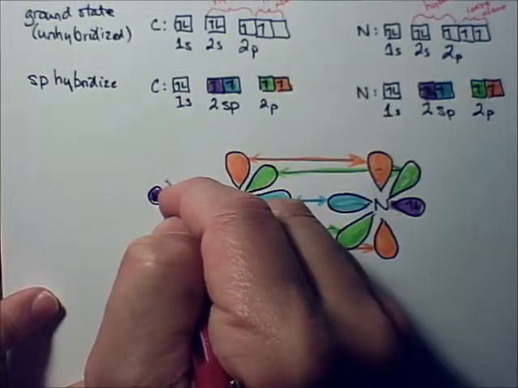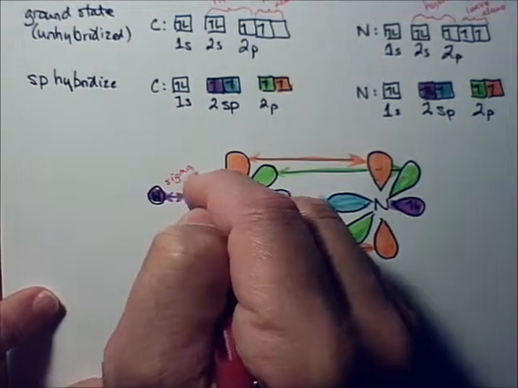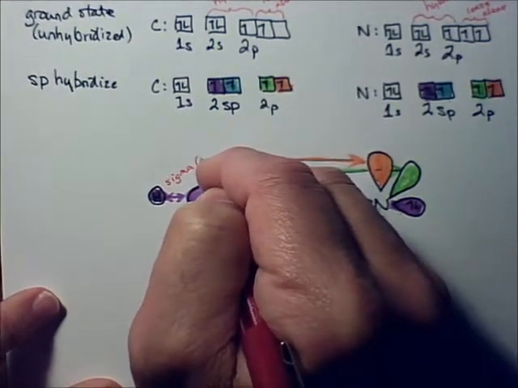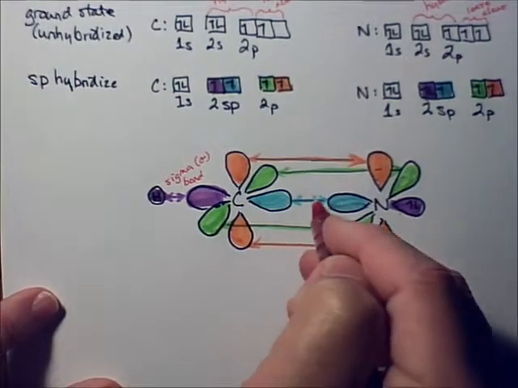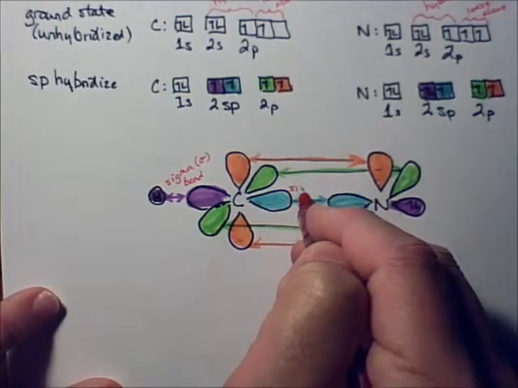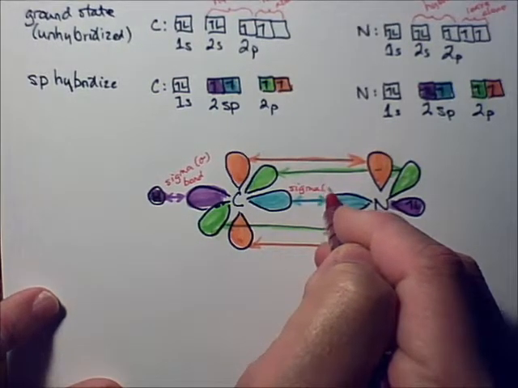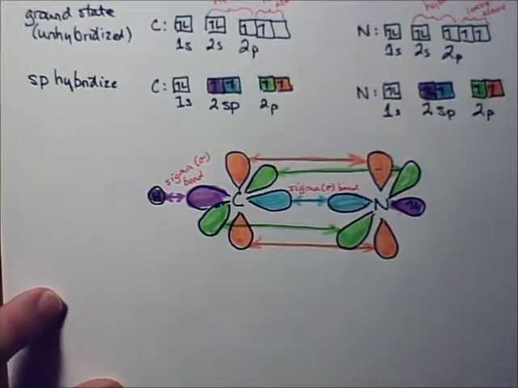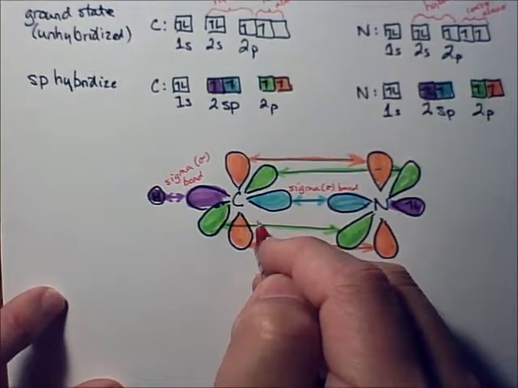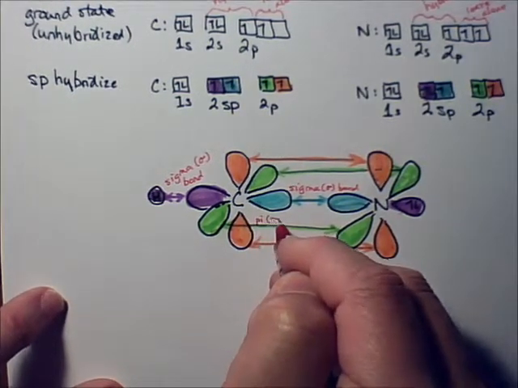And so we're going to get a combination there. So let's see, this is going to be a sigma bond. Here. We're going to have a sigma bond in here. And this is going to be a pi bond.